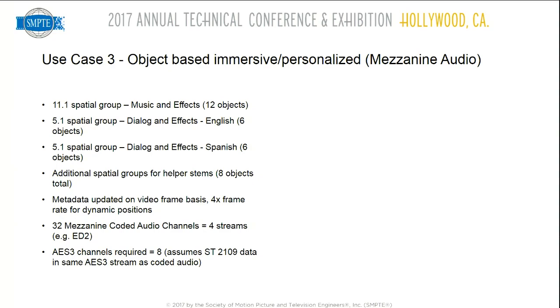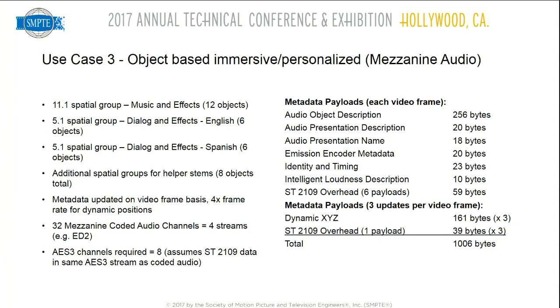And we also assume in this case that we're sending the metadata in the stream with the coded audio. So this is an example where the 2109 format is agnostic as to what form the essence is in. So in this case, we're sending it with coded essence, and it's a higher data rate. We're still sending the dynamic updates 4 times per video frame, and you can see the total's gone up, but it's still just over 10% of the AES3 channel capacity.